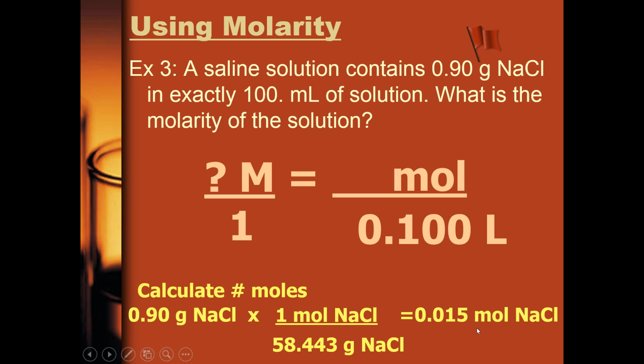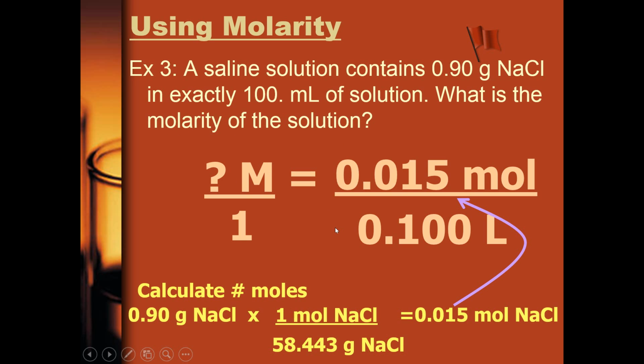0.0515 moles. But when we take this moles answer, we're going to now plug it in to the moles to finish off our equation because ultimately we're trying to figure out the molarity of the solution. So we plug that in. And now we can just solve for molarity.